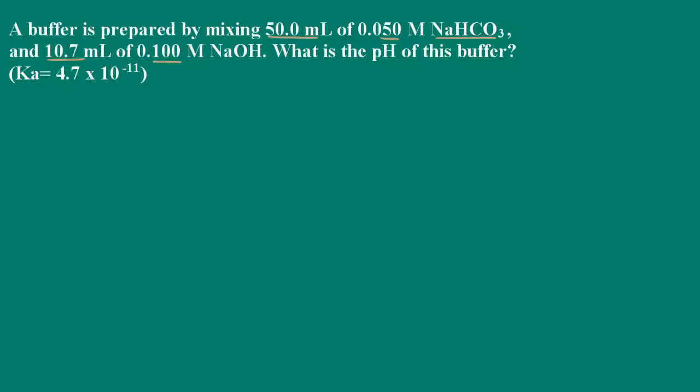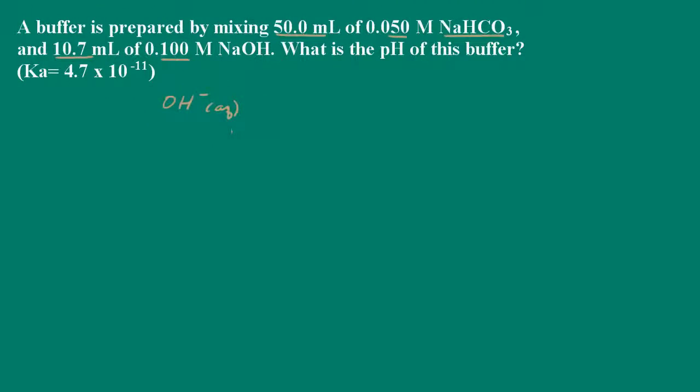Well, first thing we have to realize is that the hydroxide ion is going to react with the bicarbonate ion to produce the carbonate ion, and there'll be some water in here.